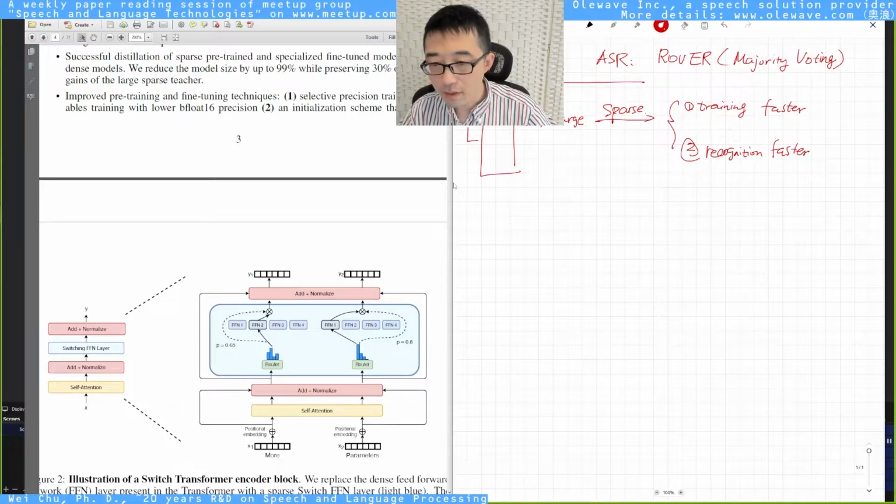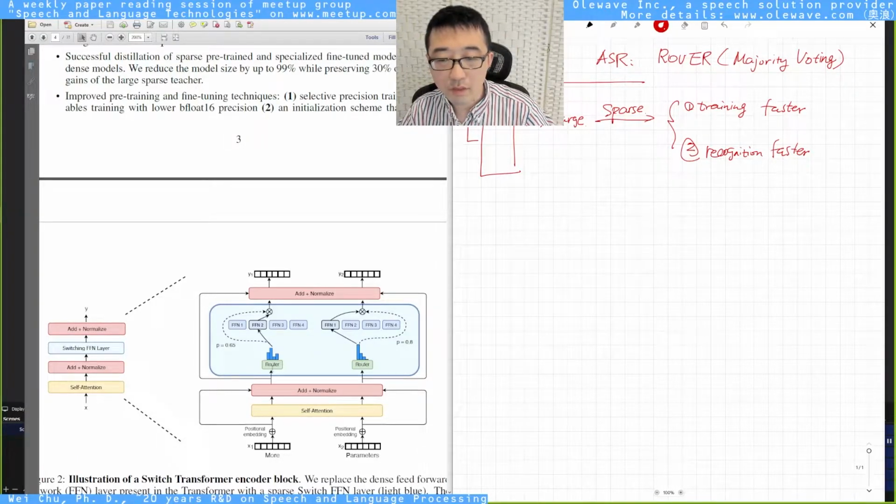What does it mean? You can see this in the figure on the right. Basically, when you have two different words coming into your neural network block, take the word "more" for example, it passes through the self-attention and the normalization, then it goes into this router stage.